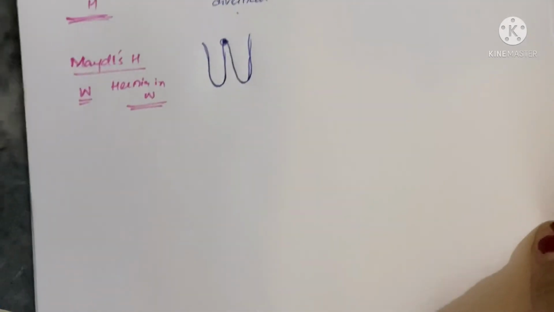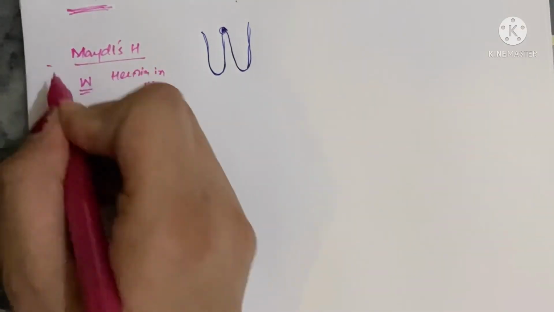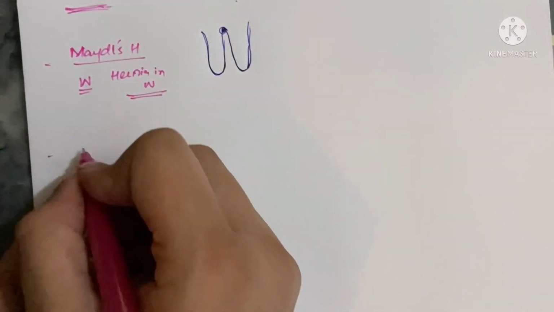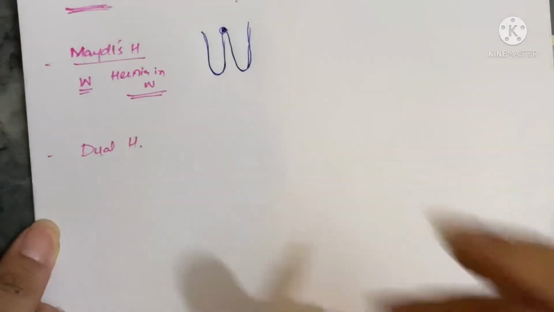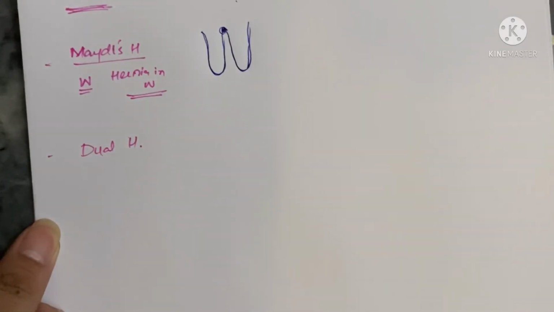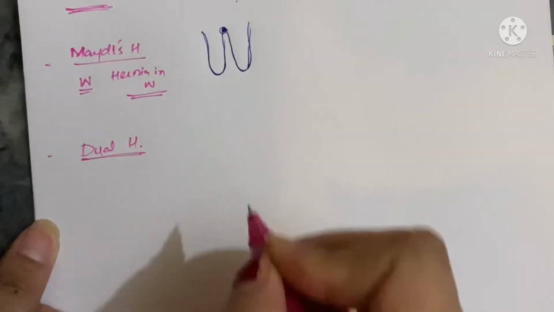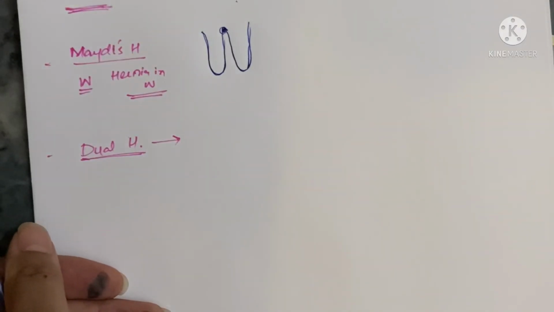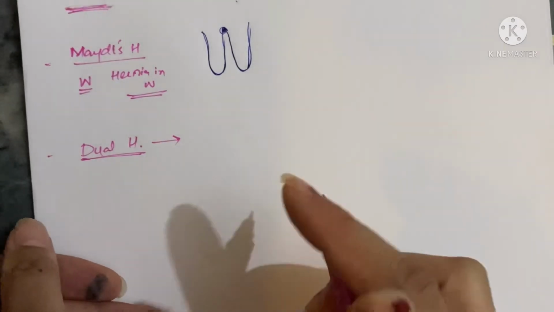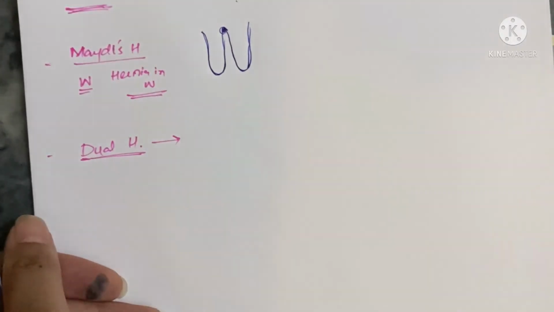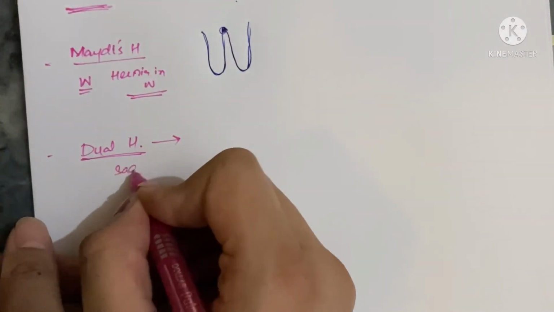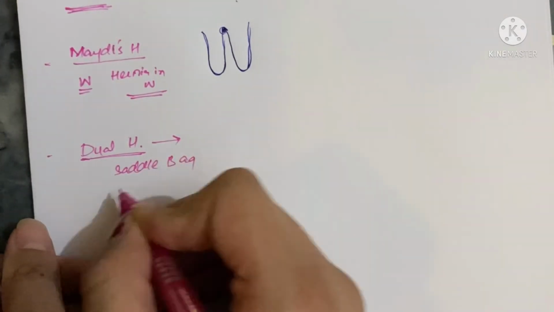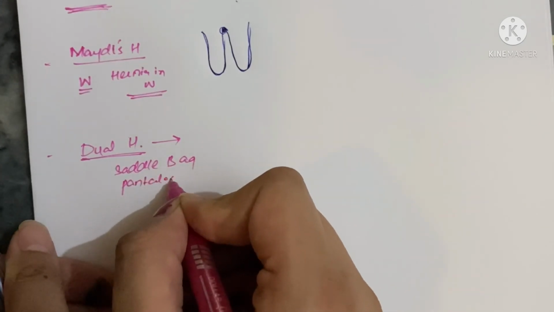There is another type of hernia that is also important, that is dual hernia. This dual hernia is also called one other name, saddlebag hernia or pantaloon hernia.